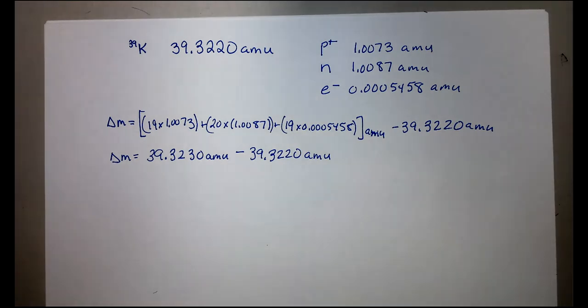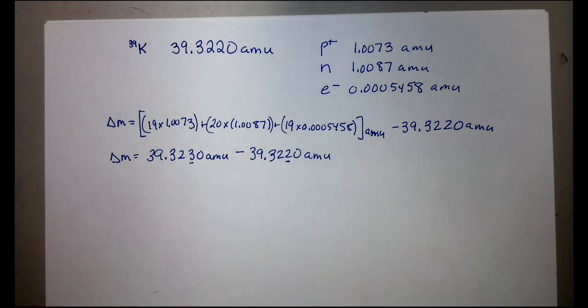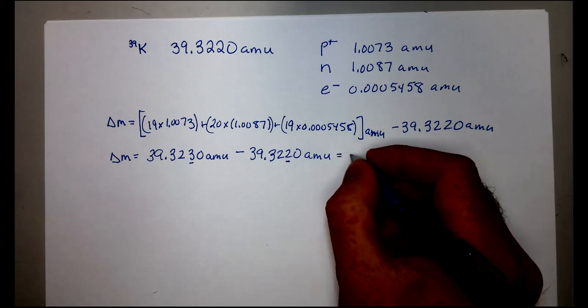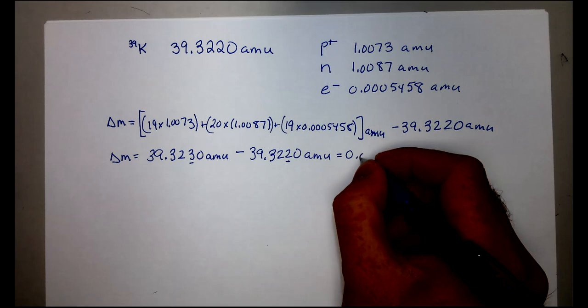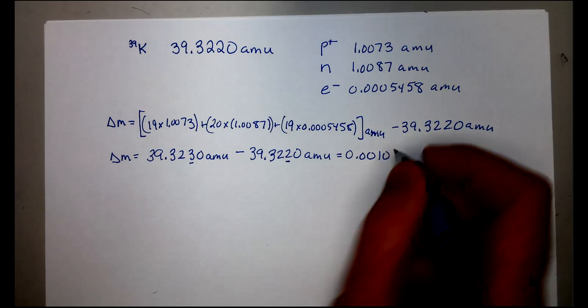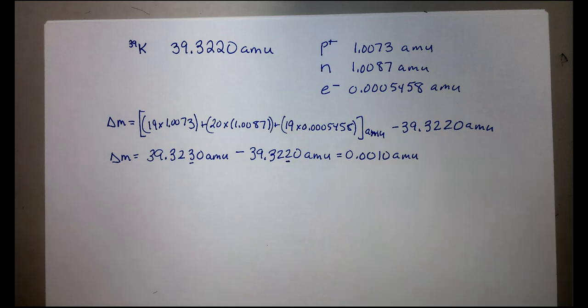Now, that's why we needed the precision, because you don't really see the difference all the way out in this thousandths place. So we're going to say 39.3230 minus 39.3220, and we get 0.0010 to maintain the sig figs AMUs. Not a whole lot of mass defect per atom.